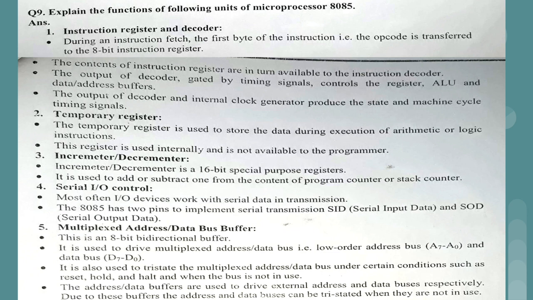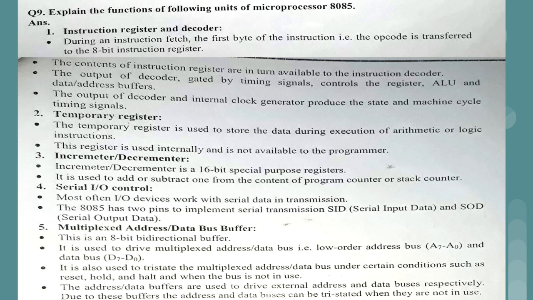As I told you, we don't have a total of 24 bus lines. The 24 pins of the microprocessor are not assigned to the buses. We have only 16 pins, so we need to use these 16 pins as an address bus as well as a data bus. The numbering for these 16 pins is A0 to A15.